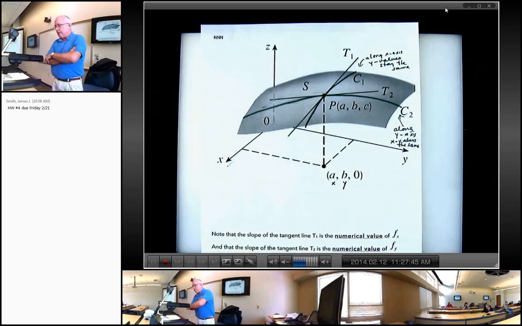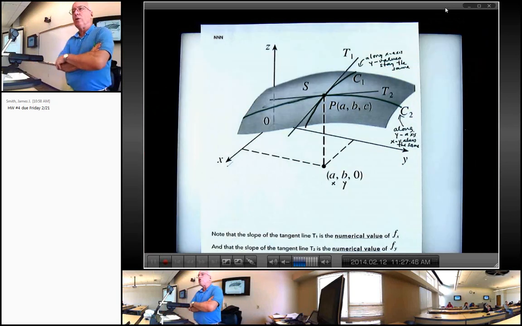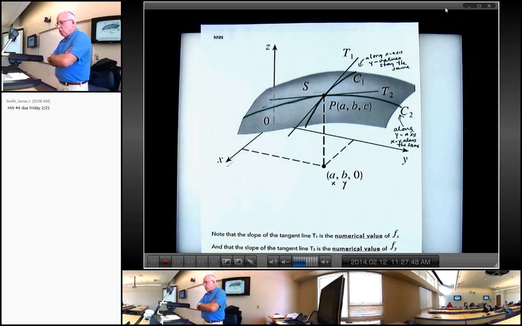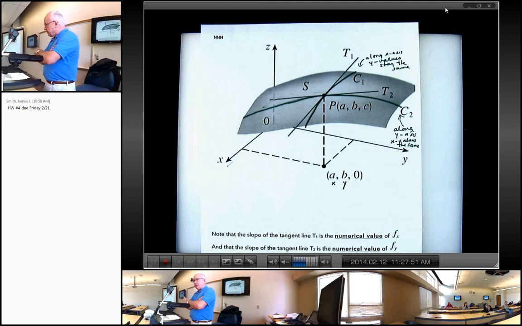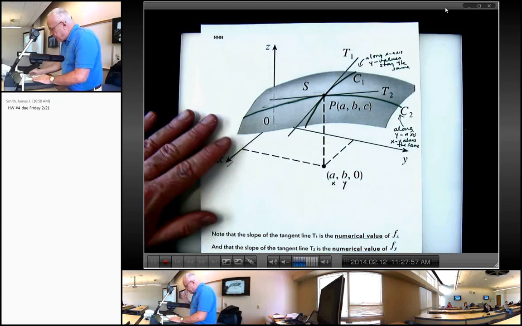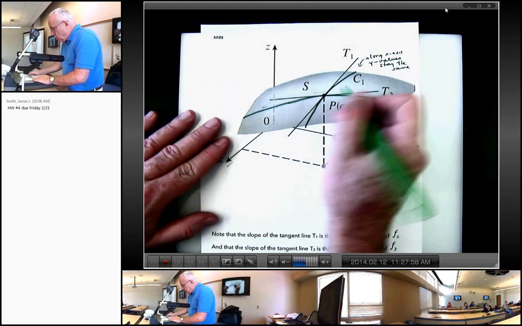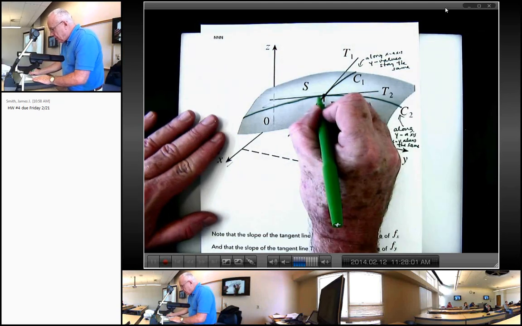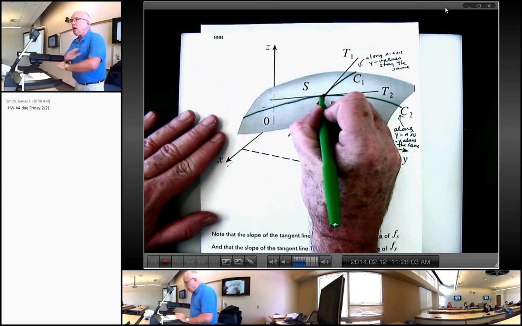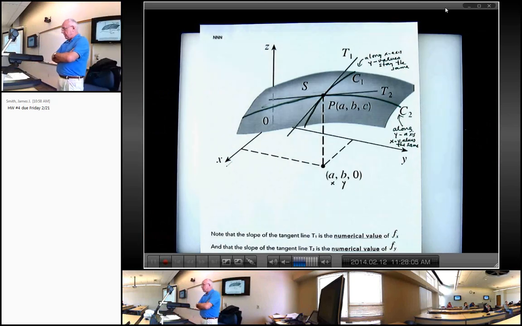Okay. So we have these two curves going through this point. One of the curves, the x values stay the same. The other curve, the y values stay the same. And then what we do is basically we calculate the slope of the tangent line there.